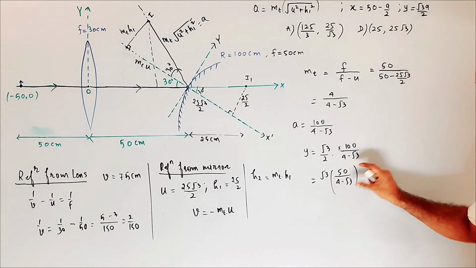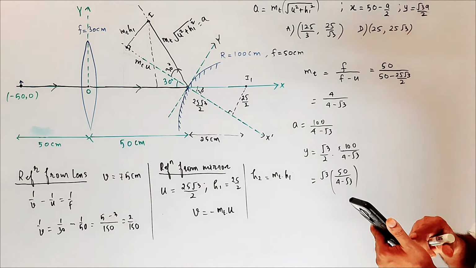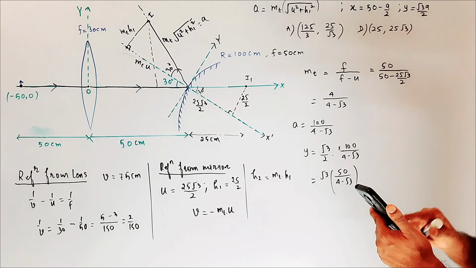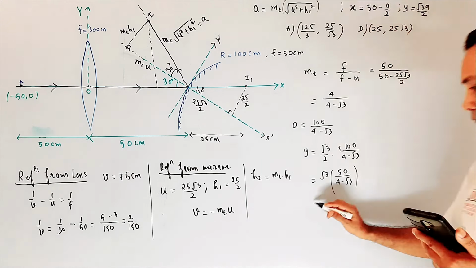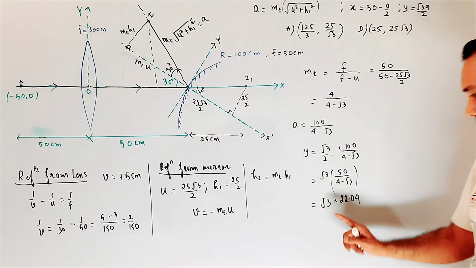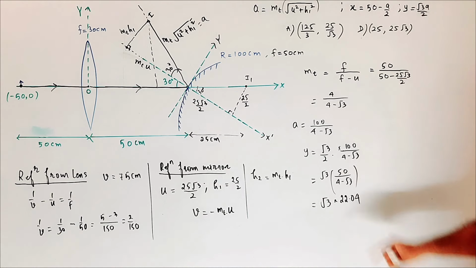I am calculating this by calculator, and let's see how much I will get. So I am getting this thing, 22.04, whatever inside the bracket.